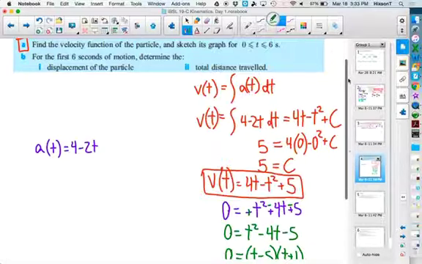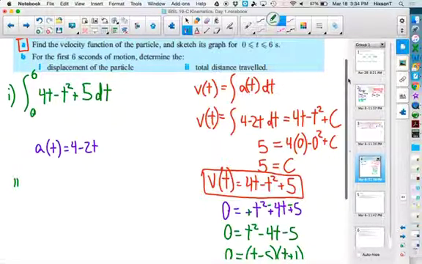So displacement, we're simply going to integrate from what to what? Well, we're looking at from 0 to 6, right? So the integral from 0 to 6 of 4t minus t squared plus 5 dt. That's for displacement.